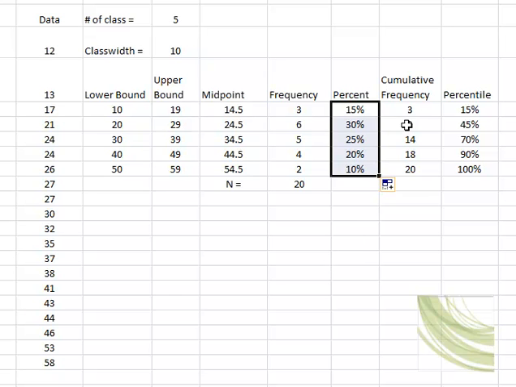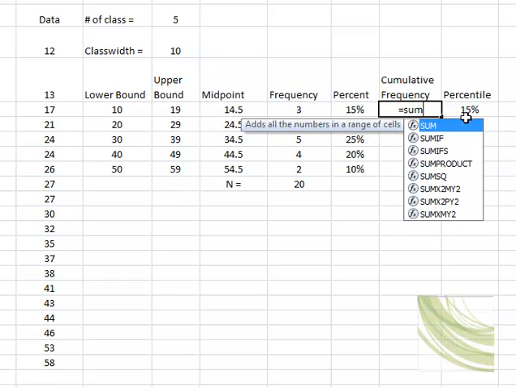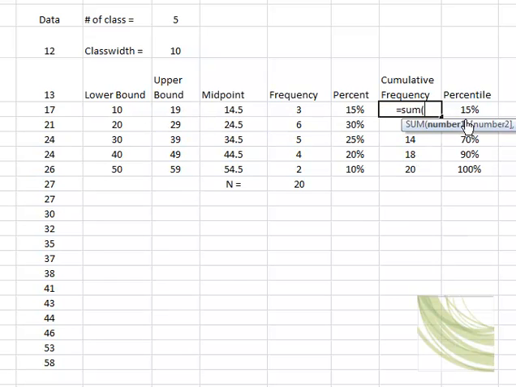Now cumulative frequency. Cumulative frequency for the first class is 3, the second class is 3 plus 6. So now we can use the function SUM. This is a very tricky function. Sum of H5 to H5.